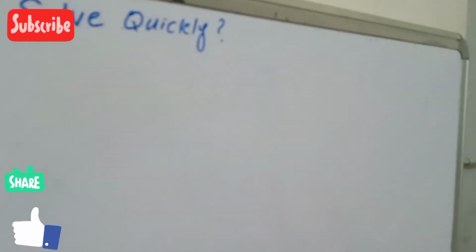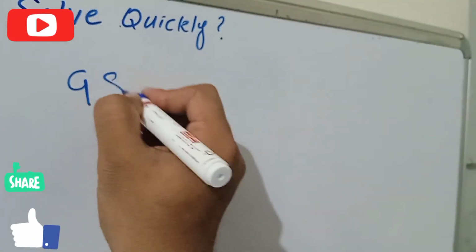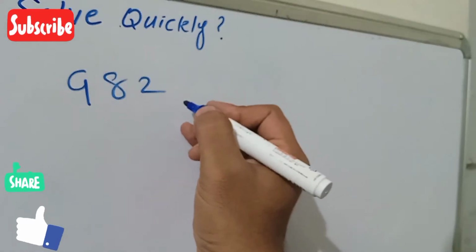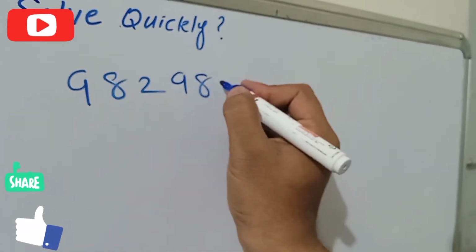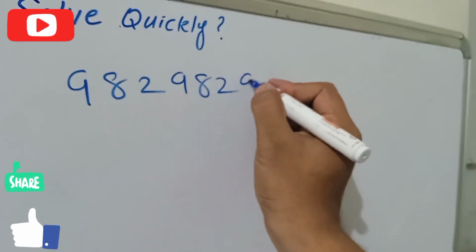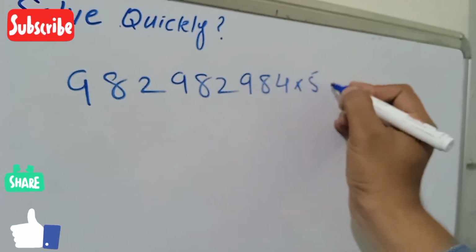For example, say the given equation is like 982984 multiplied by 5.